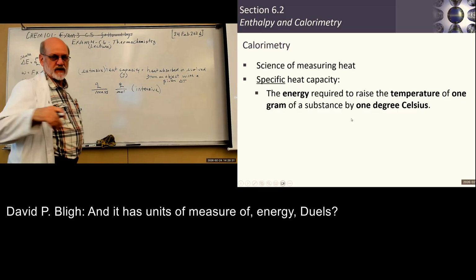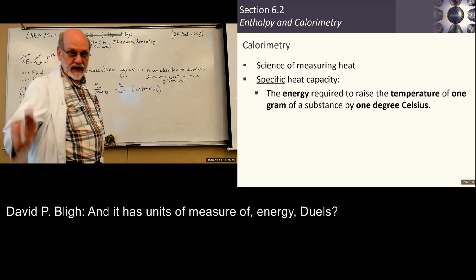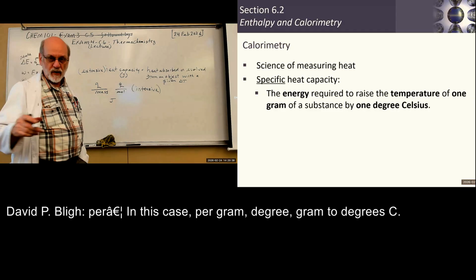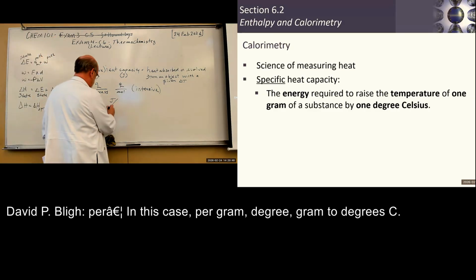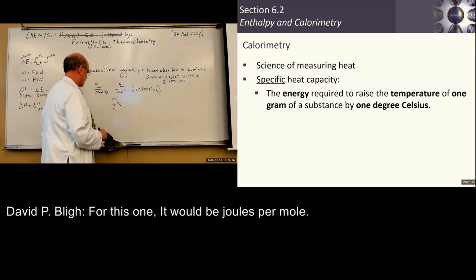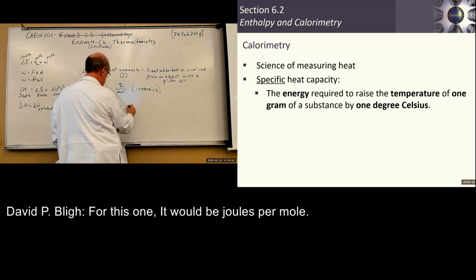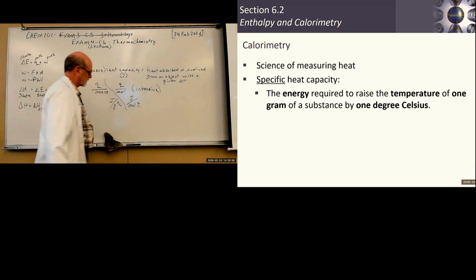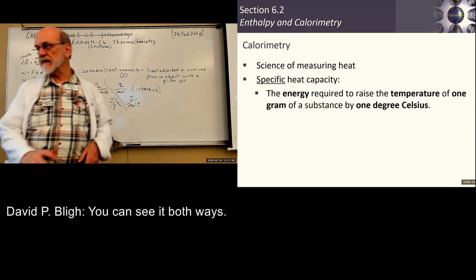And it has units of measure of energy, joules, per, in this case, per gram degree C. For this one, it would be joules per mole degree C. You can see it both ways.